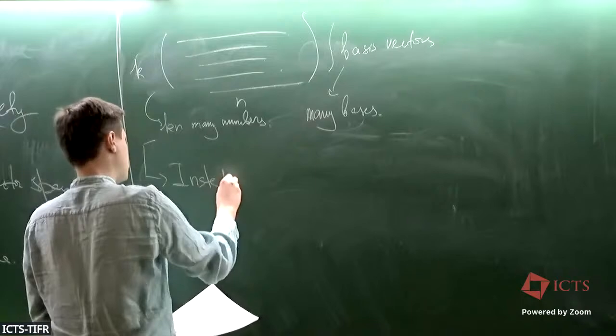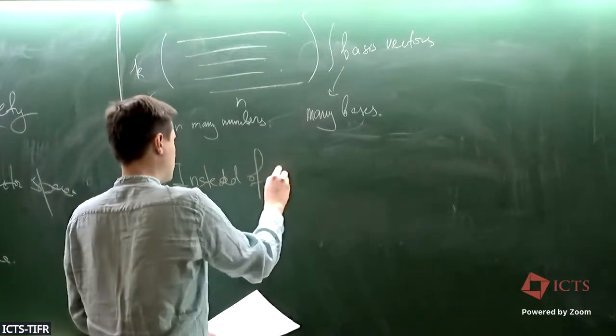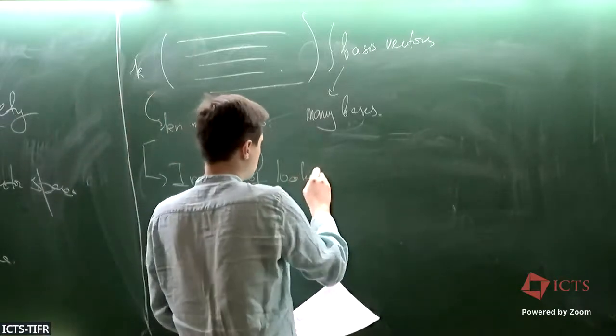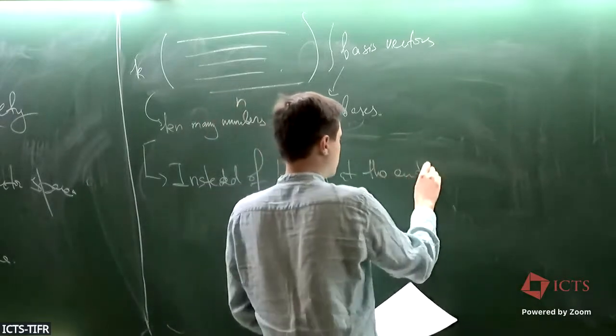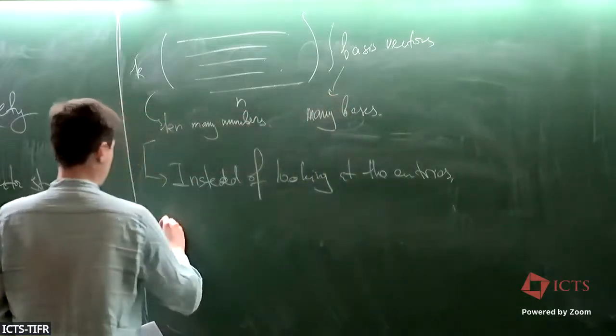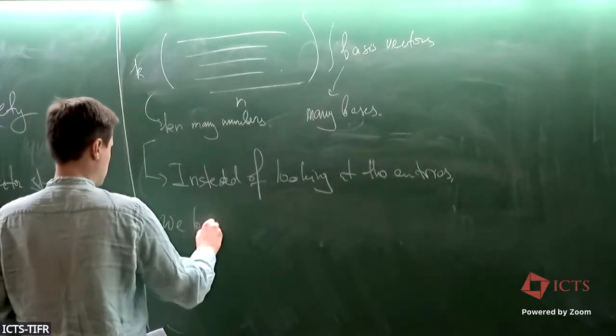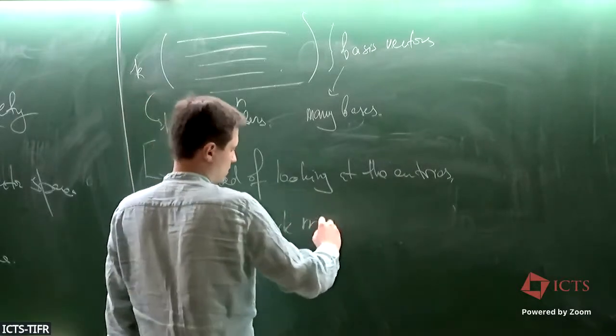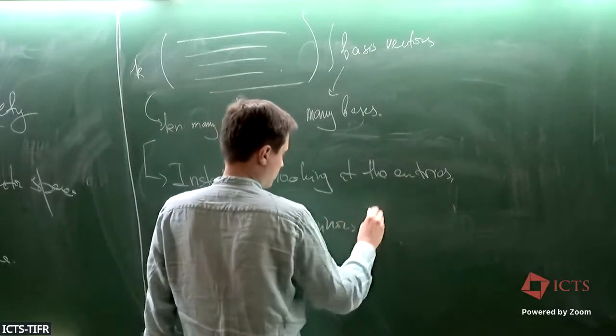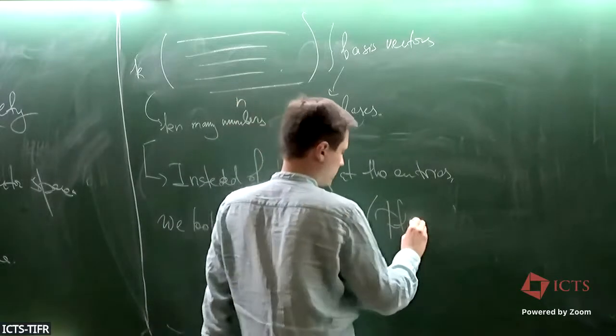So instead of looking at the entries, we look at k by k minors. And those are called the Plücker coordinates.